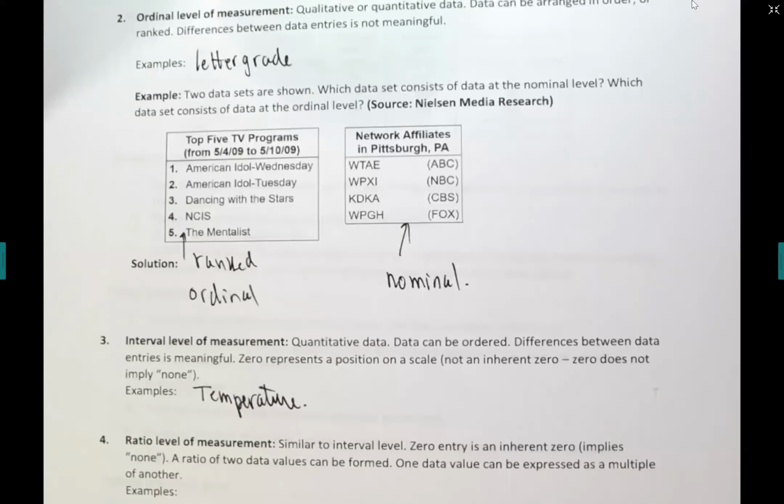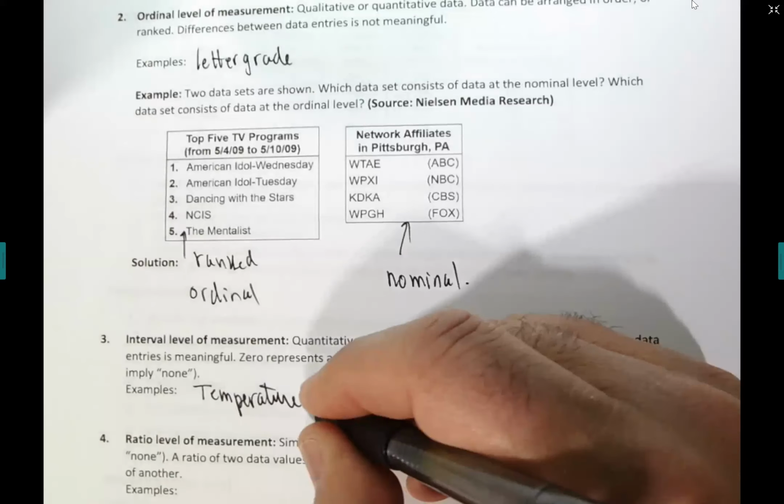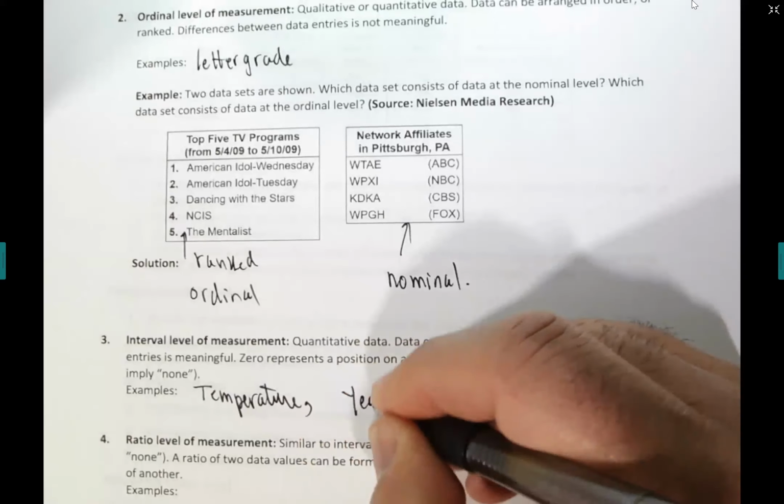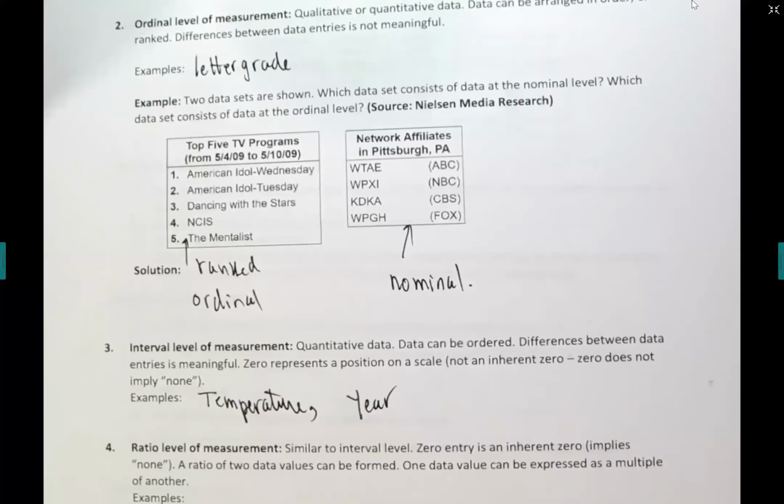So temperature will be an excellent example to represent the interval level of measurement. I'm going to give you another example, guys, probably you haven't thought about. It's the year we are in. Like we're in year 2020. You know, there was a year zero before Christ and after Christ.